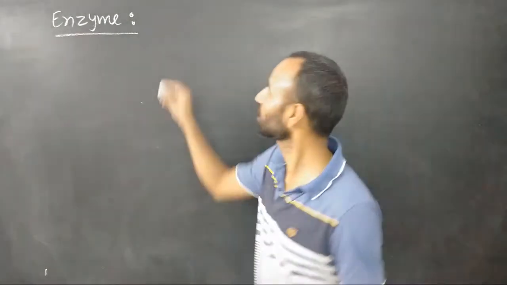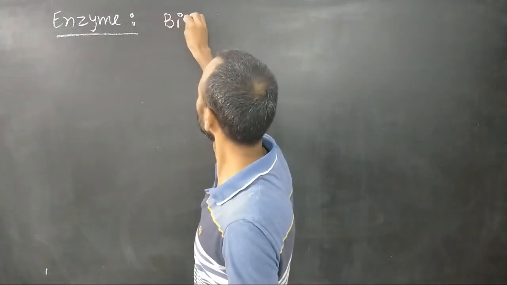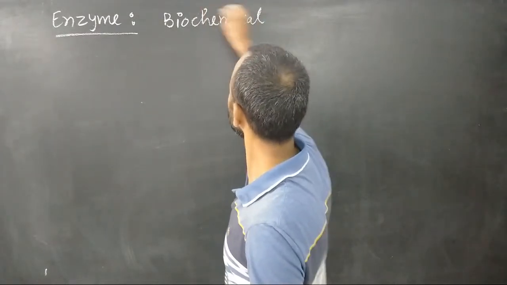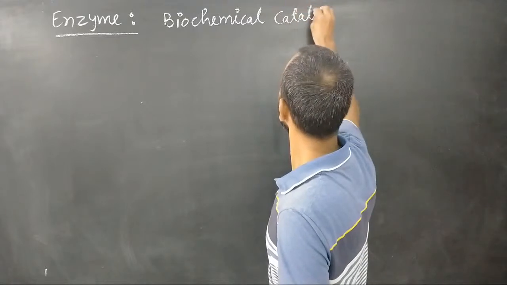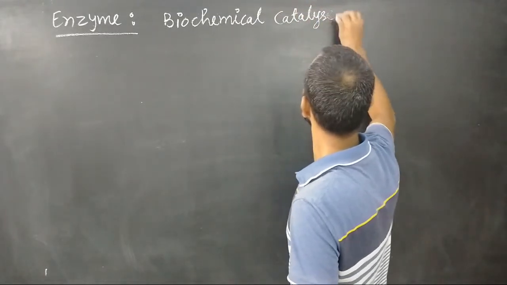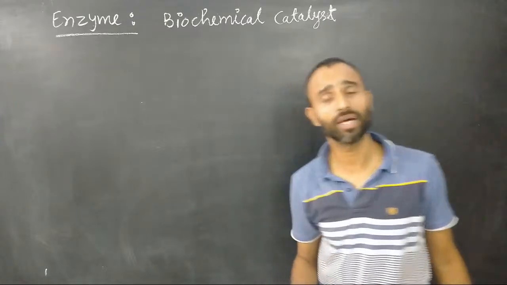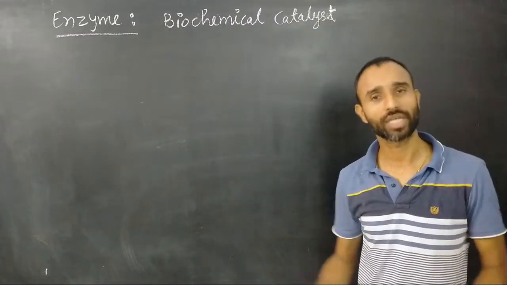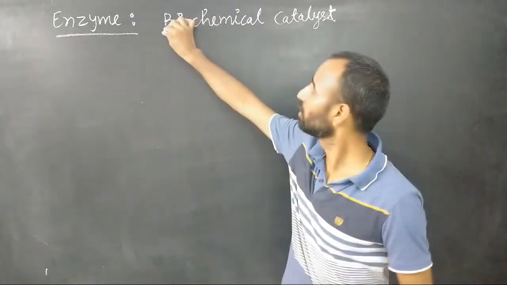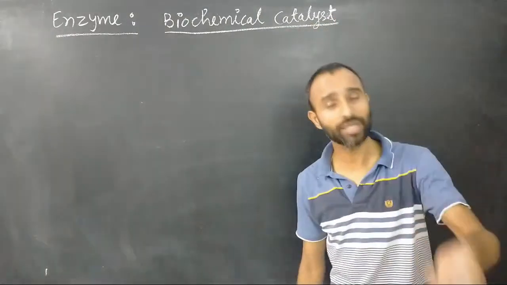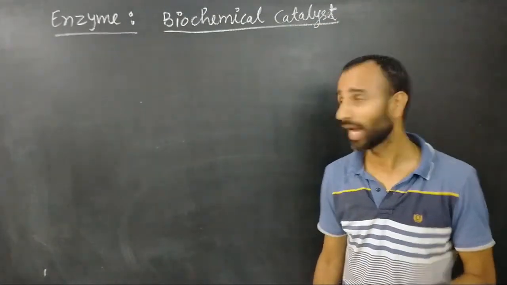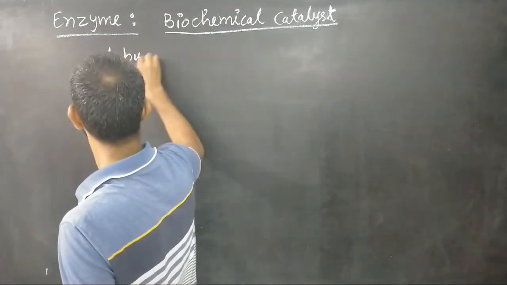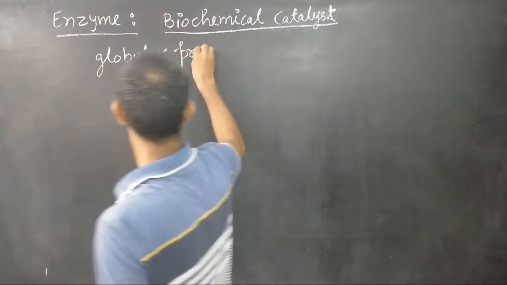So enzymes are actually biochemical catalysts. They are obtained from the living processes, living beings, or synthesized. Okay, but mainly they are catalyzing biochemical processes, and these are actually globular proteins.